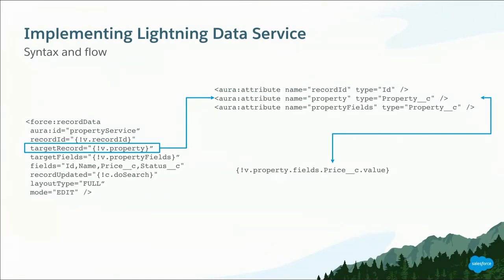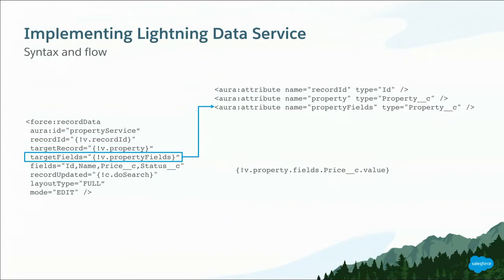I'm lazy. Therefore, we give you a different way to store that information as well, called target fields. Target fields get stored in the exact same way as the target record, except when we go to access the information, it's less typing. We simply say what is the name of the value provider and what is the name of the field we're interested in. Done.